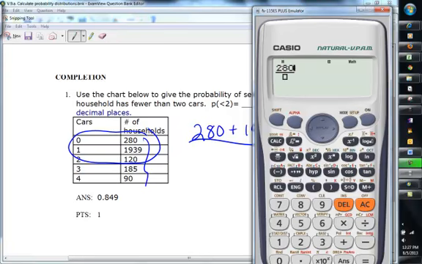So 280 plus 1939, those are the ones that are fewer than 2, out of 280 plus 1939 plus 120 plus 185 plus 90 is 84.8%. Let's look at the next one.